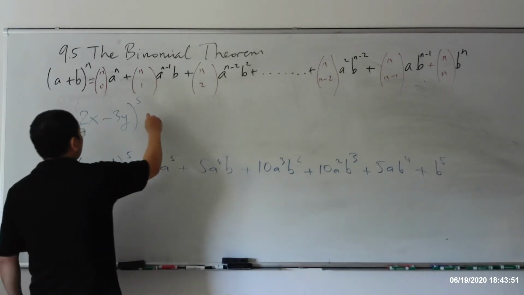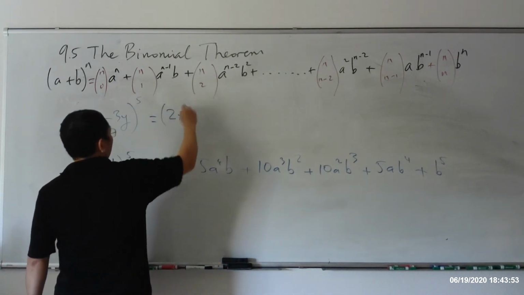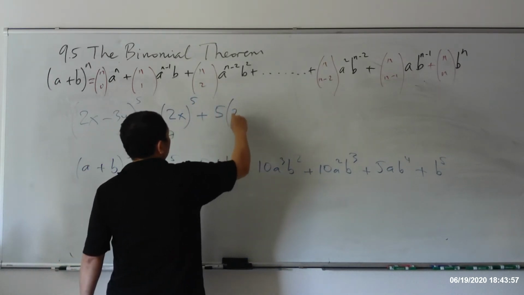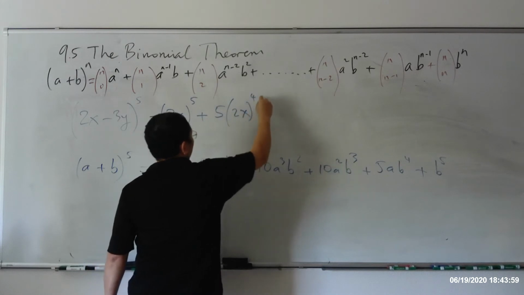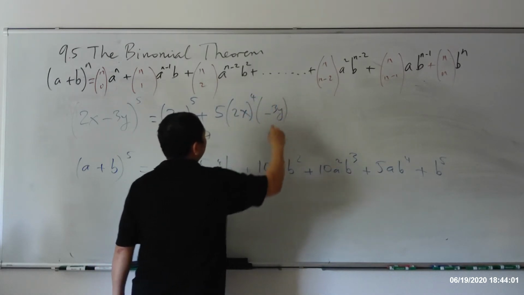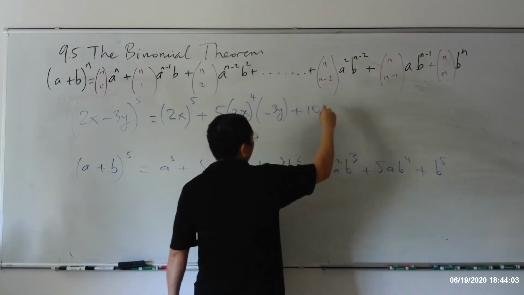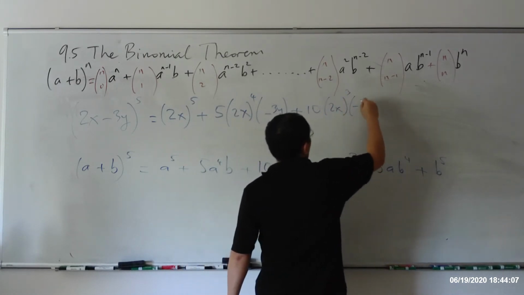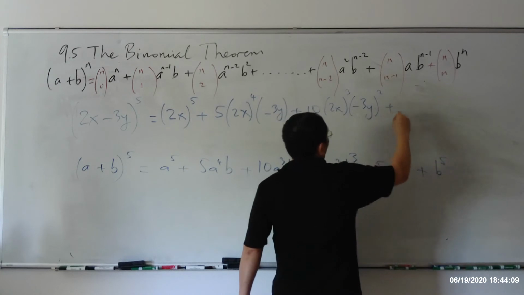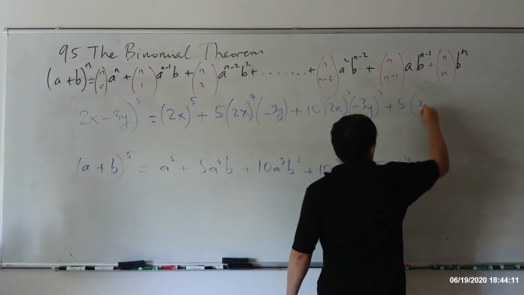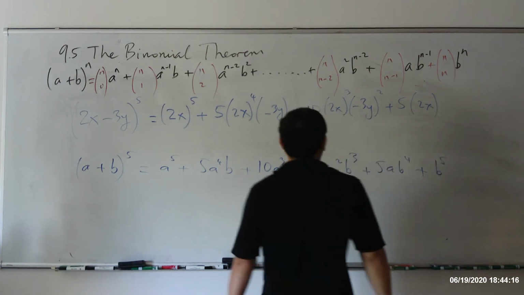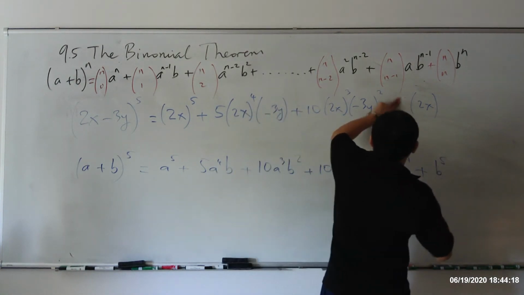This is going to be 2x to the 5th, plus 5 times 2x to the 4th times negative 3y, plus 10 times 2x cubed times negative 3y squared. Am I missing something? Oh, I missed another 10.